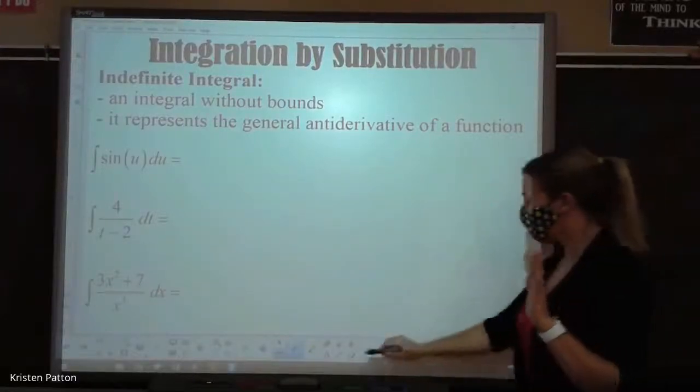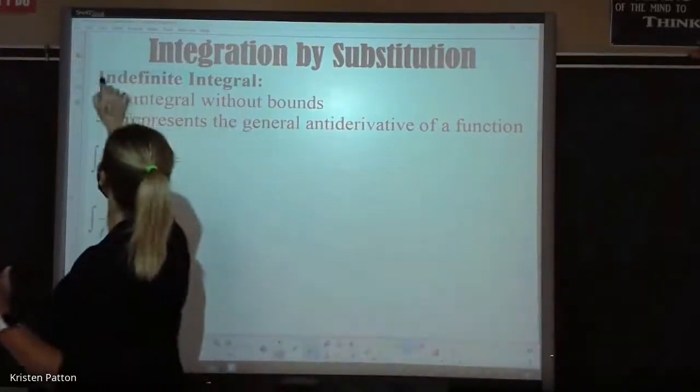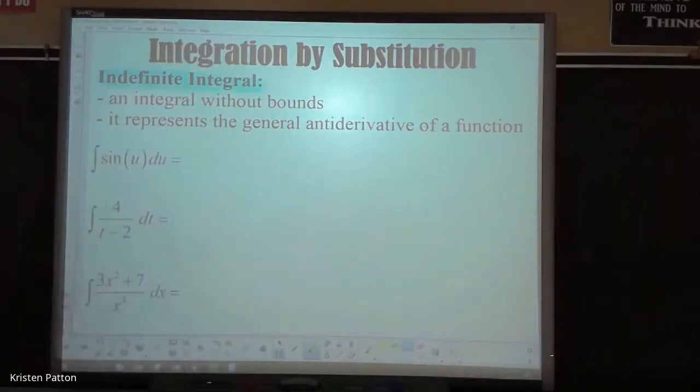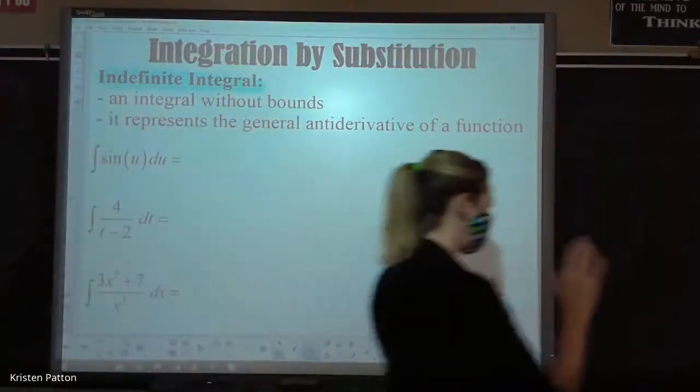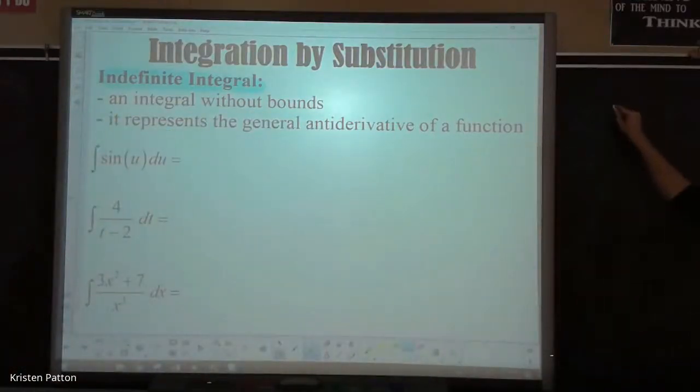So the first thing I want to address before we get into substitution is this concept of an indefinite integral. What we've been working with the last few weeks were definite integrals.